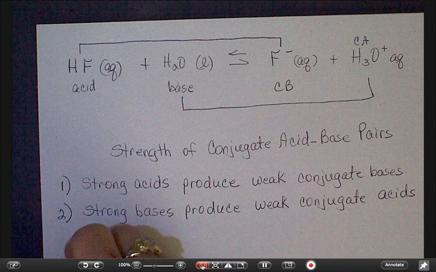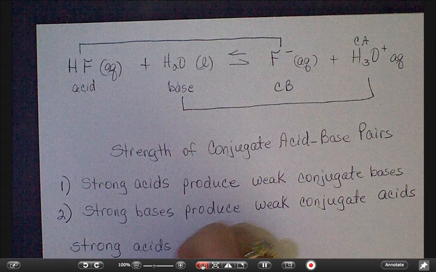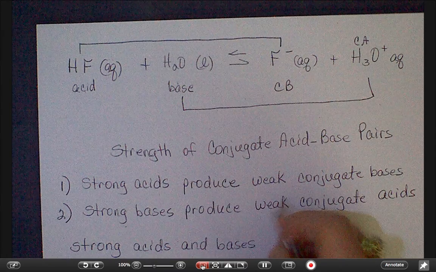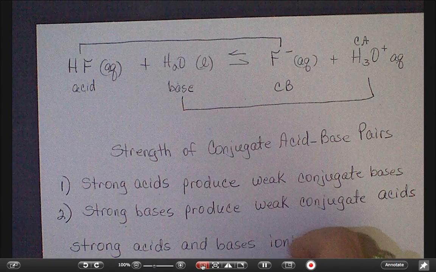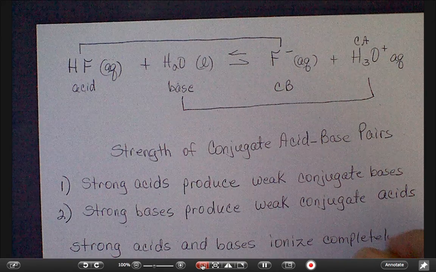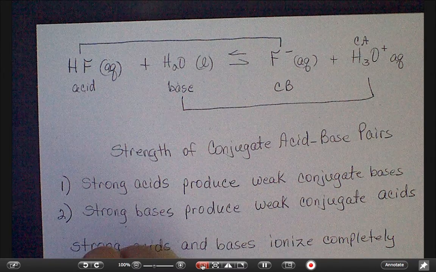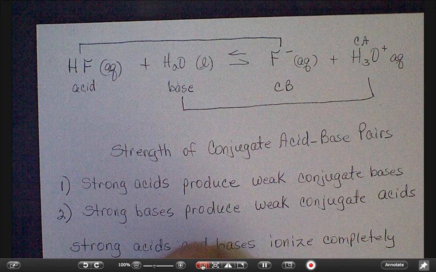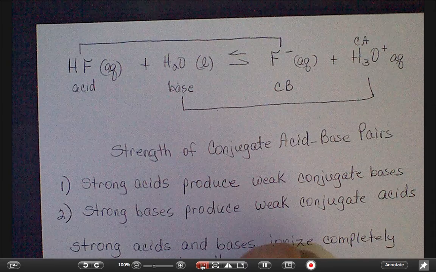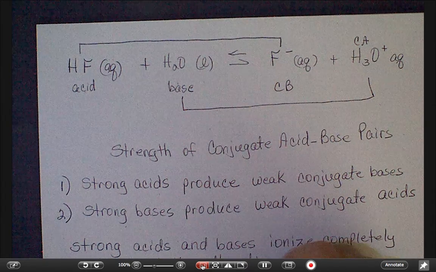Strong acids and bases ionize completely and have little attraction for H plus.